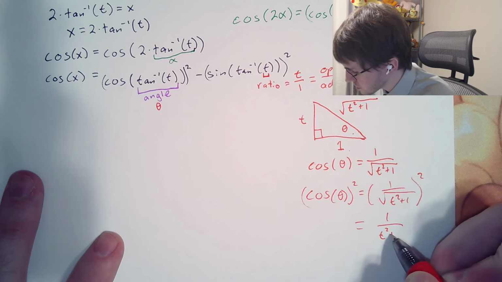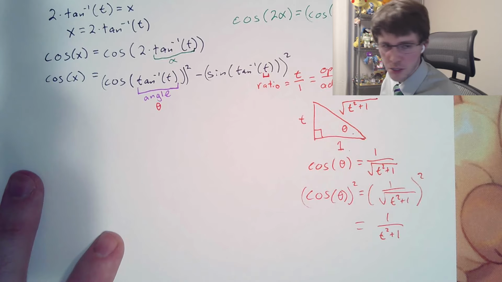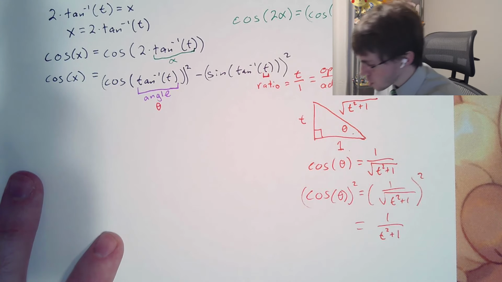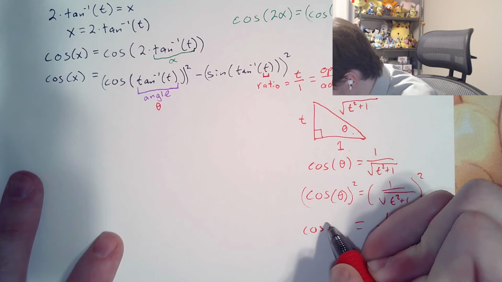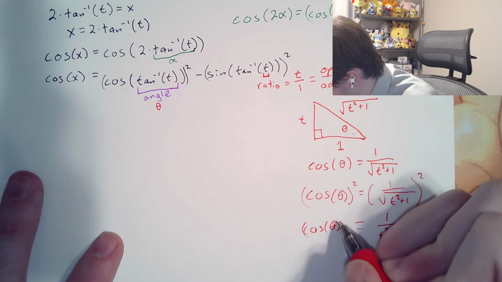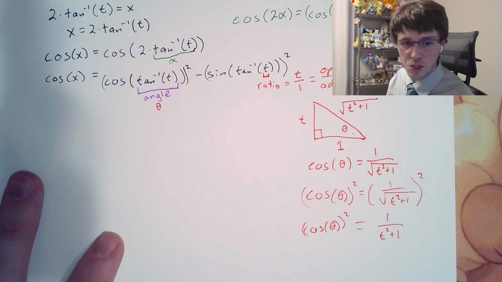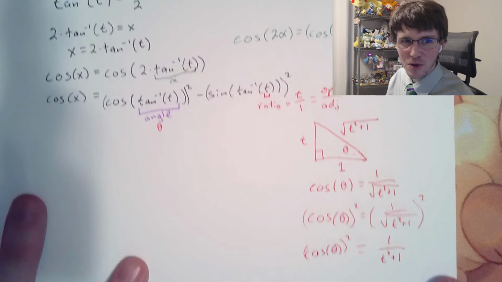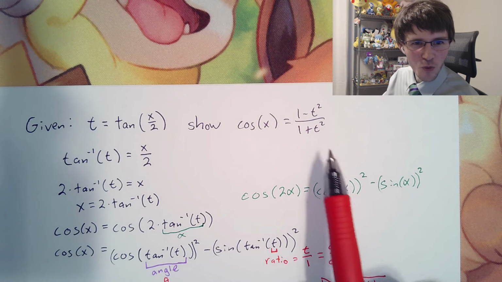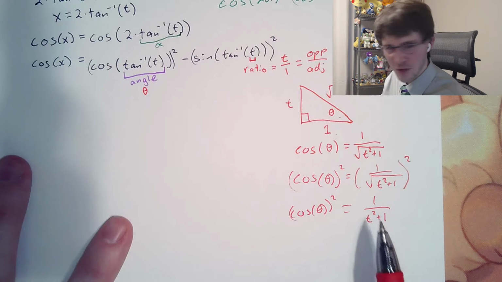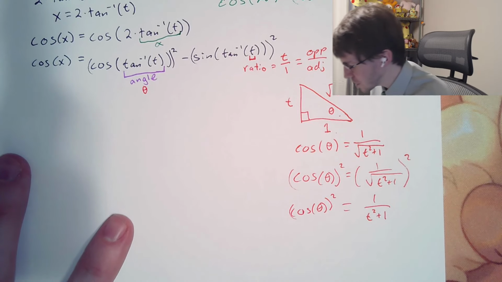Technically, it's absolute value if you're being fancy, but t squared plus 1 can't be negative anyways. So the cosine of theta all squared must be equal to 1 over t squared plus 1, and that's looking good because remember our original goal was 1 plus t squared on the bottom. We can rearrange that later.